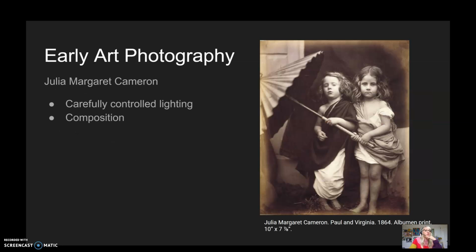So some early art photography. This photo here is by Julia Margaret Cameron. And some of the things that you'll notice is that she used carefully controlled lighting, and she really focused on the composition of the photograph. So the way the subjects are arranged in the photograph.